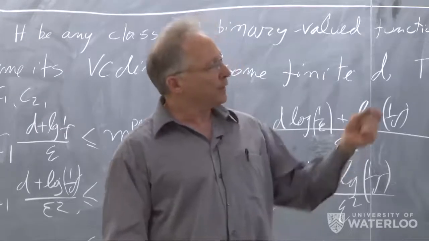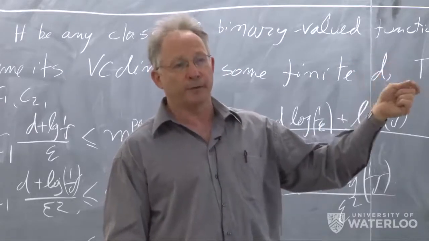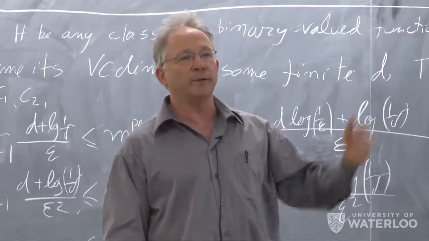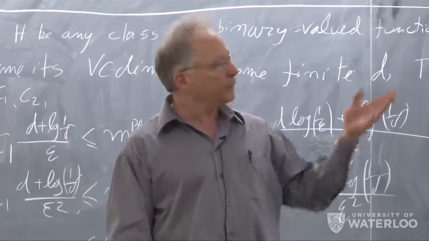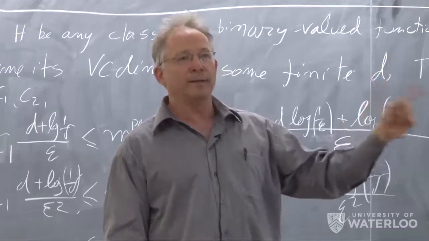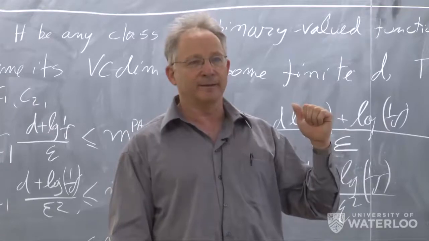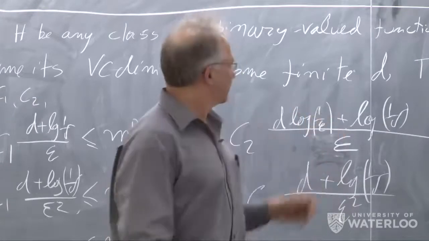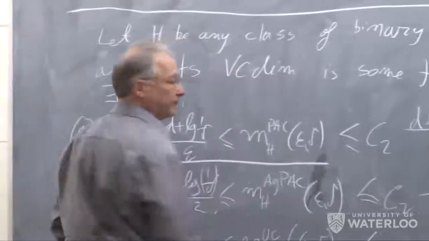If the sample is big enough, it's going to do a good job. Here we showed that a too small sample will not suffice. If the sample is too small, it is going to do a bad job. It's the opposite. It's the lower bound, because now we are handling this part here.